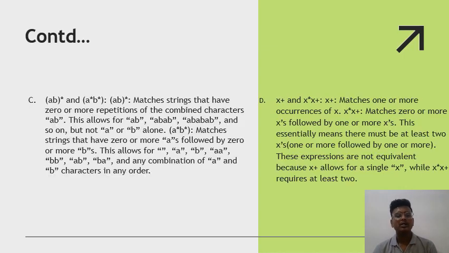And the third option says that the first expression matches strings that have 0 or more repetitions of the combined characters AB. This allows for AB, ABAB, ABABAB, and so on, but not A or B alone. So A*B* matches strings that have 0 or more A's followed by 0 or more B's.